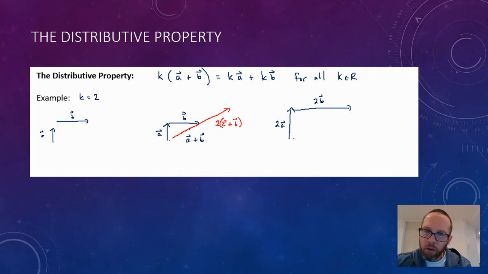Here's the vector 2A plus 2B. Obviously, I didn't use a ruler or a protractor, but hopefully you're convinced that this property makes sense. Whether you scale it at the end or scale each vector individually before you take the sum, you get the same result either way. So that's the distributive property for scalar multiplication.